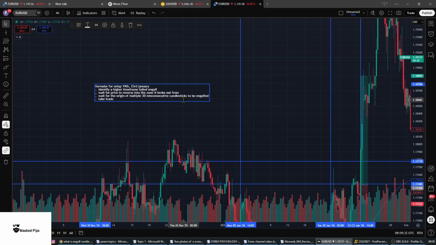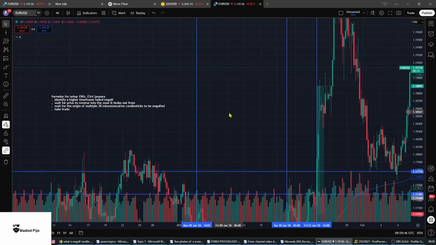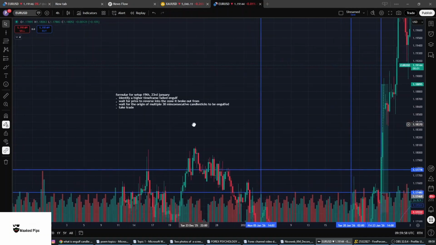In this case, we are looking to go bullish. That's why we're looking for consecutive bearish candles to be engulfed. And once you see that engulfing of 30 minutes consecutive candles, your trade is set. You can go into your trade. This is a 1:2 setup, 1:3 setup also. Sometimes I use 1:1.5 just so that I don't stay long in the trade, but it could work for either.